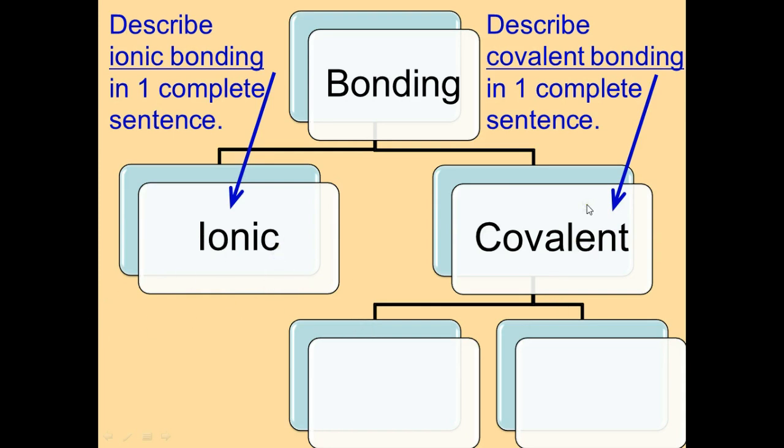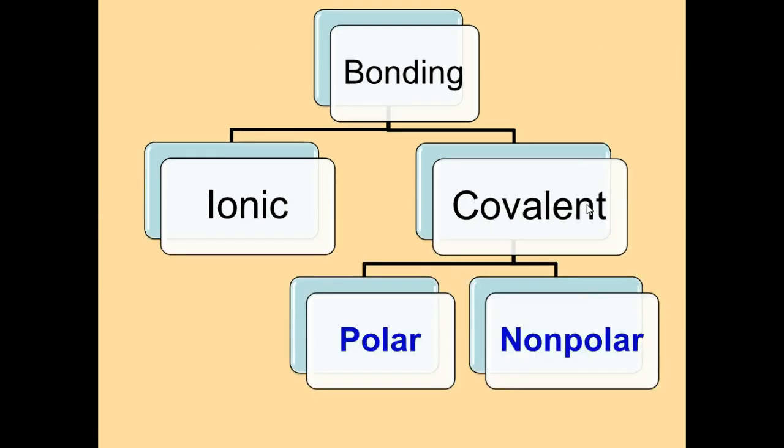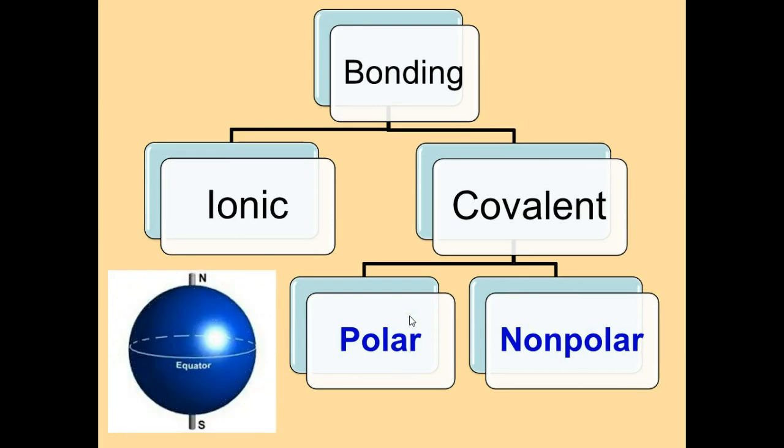Covalent is also split into two categories, which are polar and nonpolar. Just by looking at these words, polar and nonpolar, you can think about the Earth. We're going to stop talking about chemistry for a second. Think about the Earth or magnets. The Earth and magnets both have a north or positive and a south or negative end.